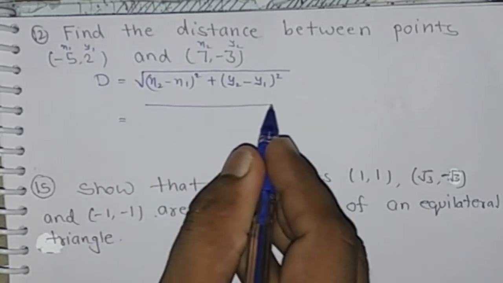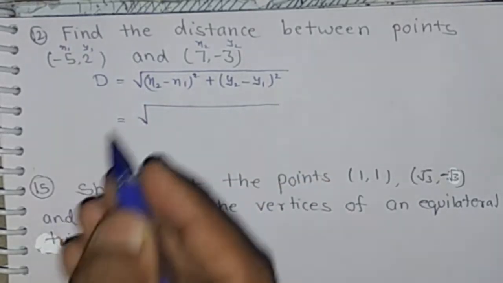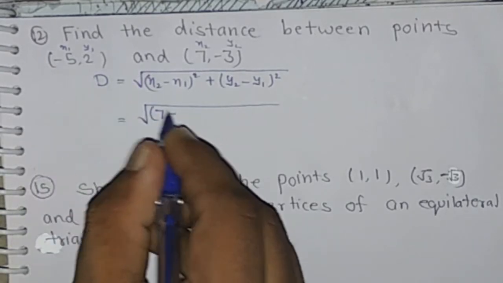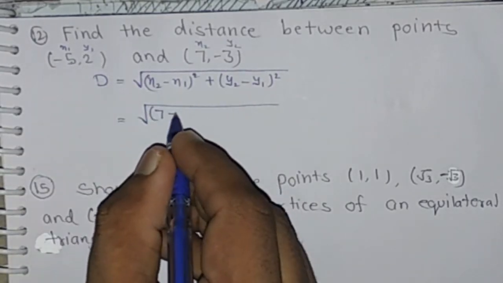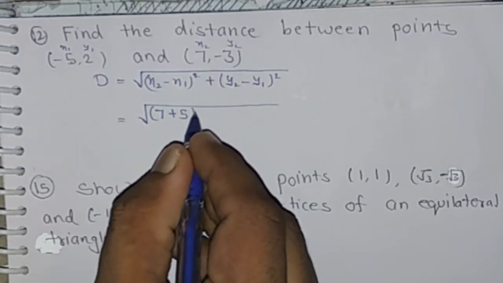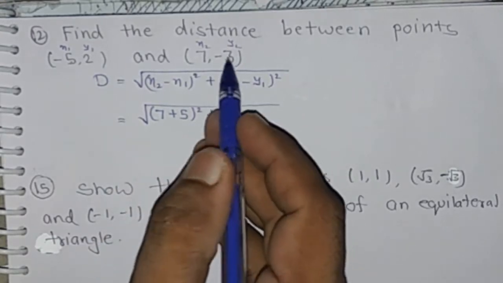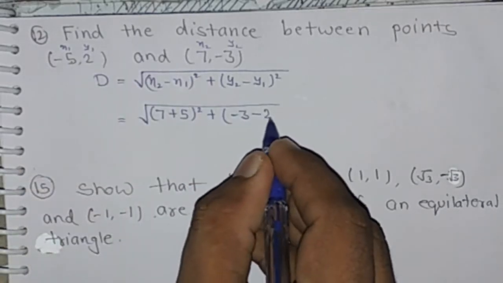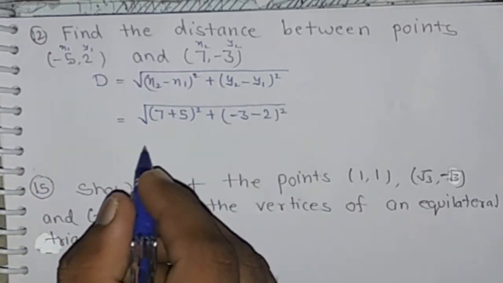Then we put the value of x2 = 7, minus x1 = -5, then it is plus 5, plus y2 = 3 minus y1 = 2, whole square.